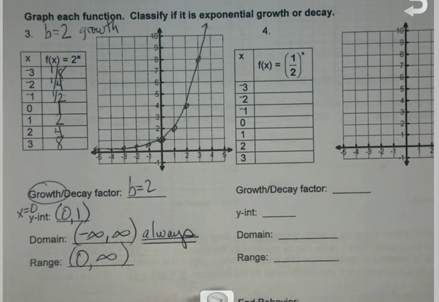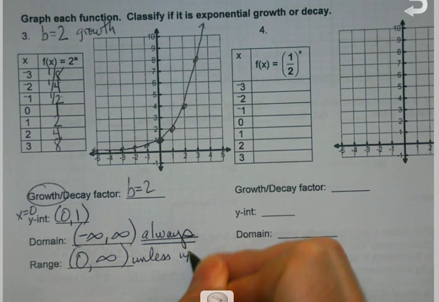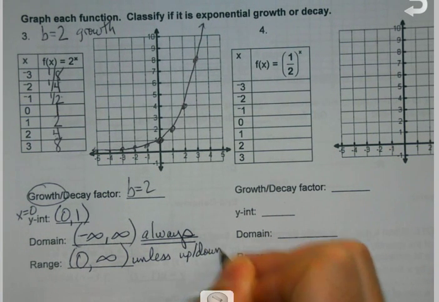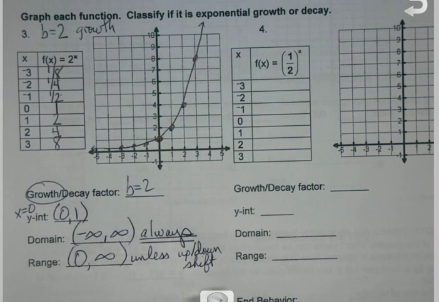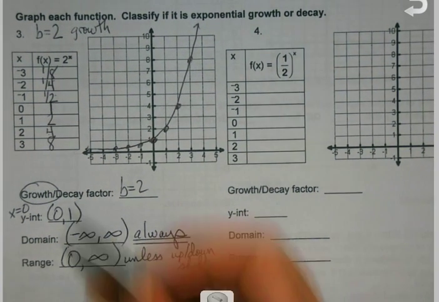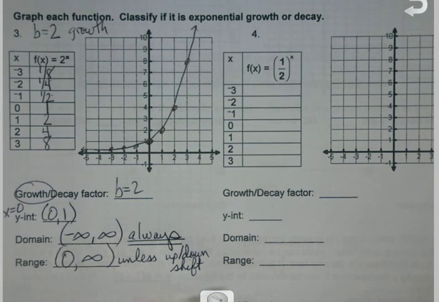Your range will always be 0 to infinity unless there is an up or down shift, which we'll start dealing with tomorrow. Otherwise, what value are we getting really, really close to but never passing? That's basically how we determine our range. That's where that asymptote that I was talking about comes into play. So when we're doing any of these, I'll basically ask for these things every time we're doing one of these just to start making connections so we can make this go a little better.